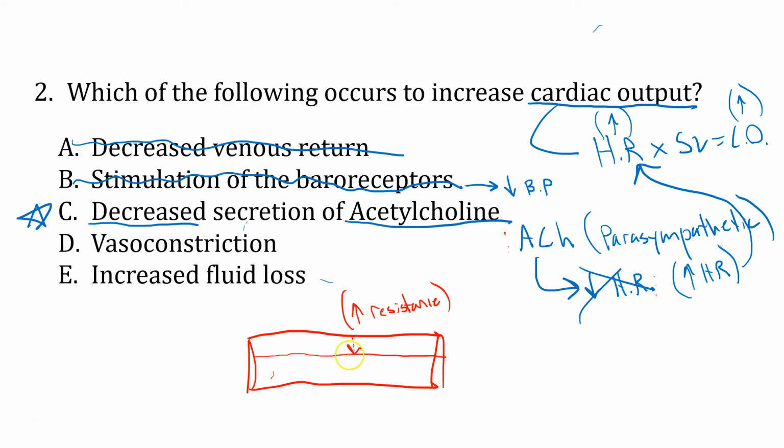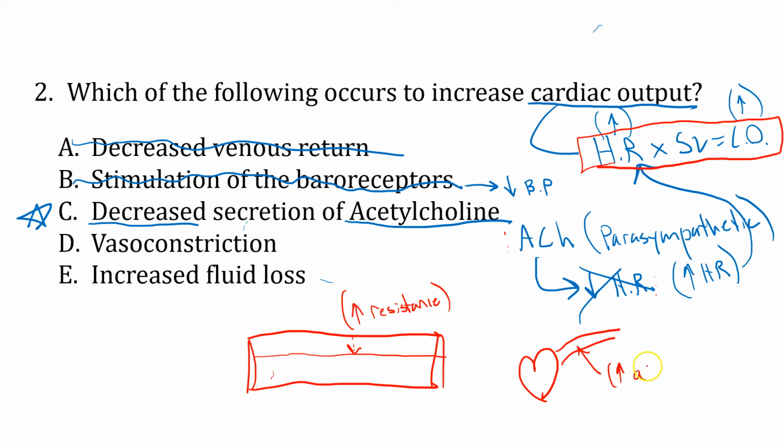And this has to do with, when we think about this equation, the afterload pressure. Think of the heart and think of the aorta coming off of the heart. Well, if I vasoconstrict, basically I'm making it harder. I'm basically increasing the afterload.